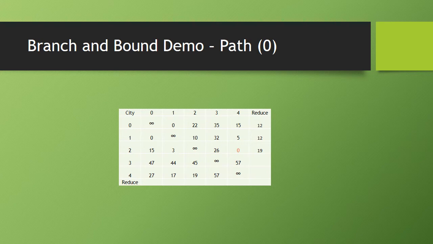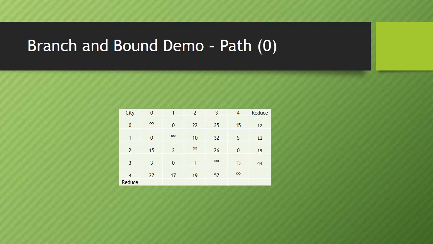Row 3, again, no 0, so we pick our minimum, and our minimum here is 44. So we take 44 from 47, and that leaves us with 3. We take 44 from 44 for our 0. 45 minus 44 is 1. And then 57 minus 44 is 13.